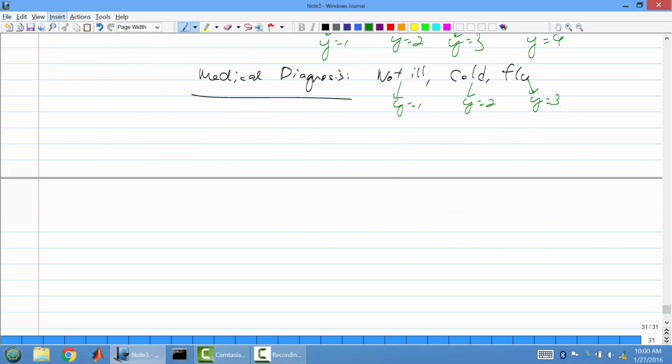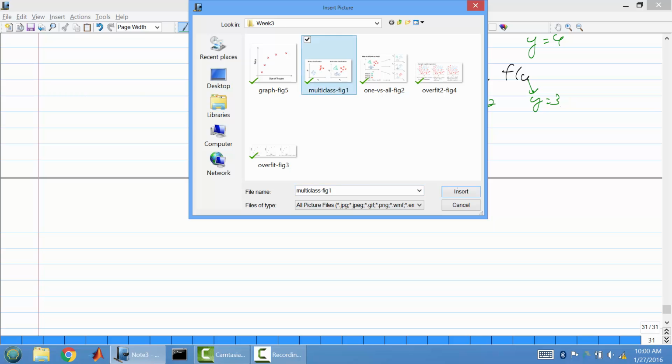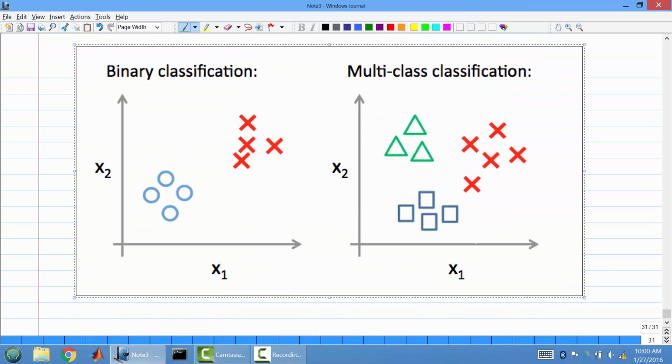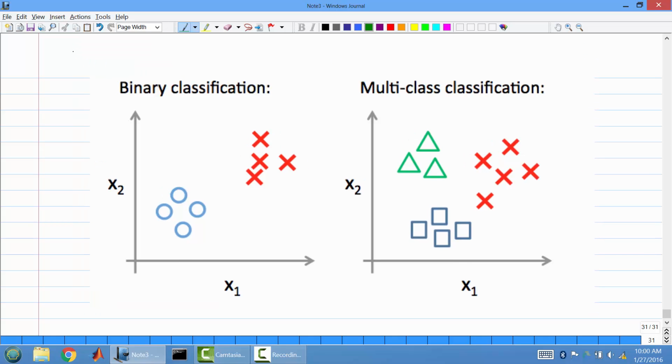And let me just show you a little bit of a diagram. This is taken from Andrew Ng from Stanford. I took it from his Coursera slides. Okay, so this is what we had before. We had, let's just consider 2 features for now, X1 and X2. And then binary classification is just to group it into 2 different groups.